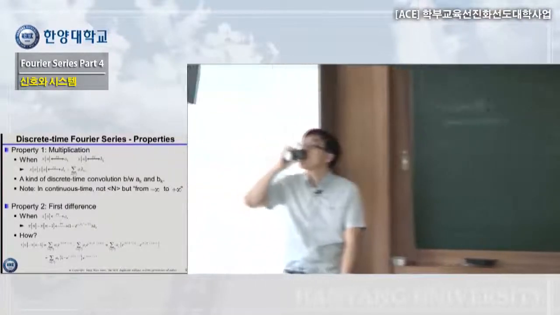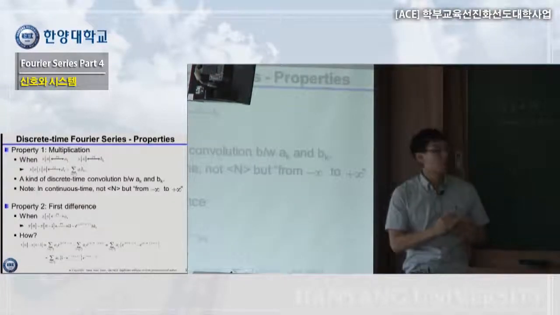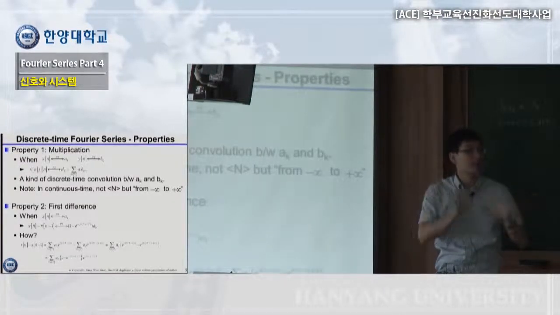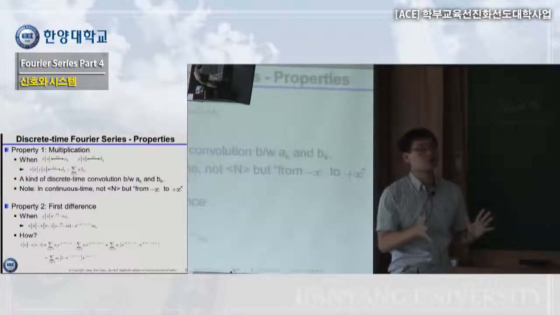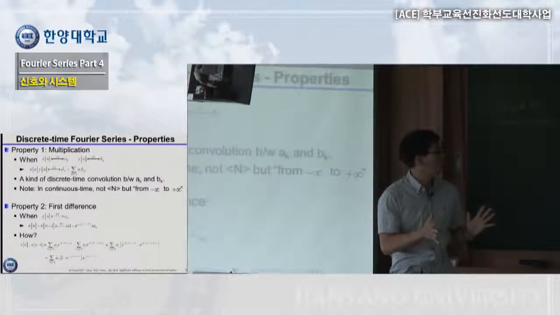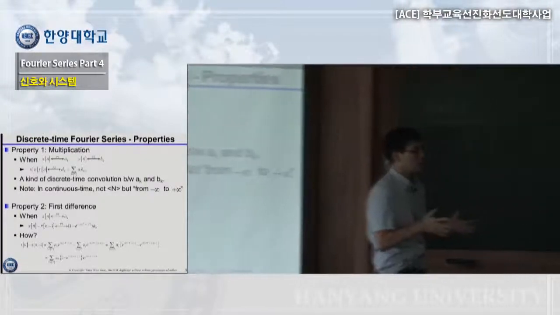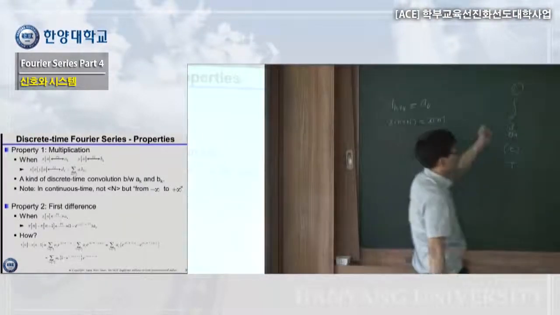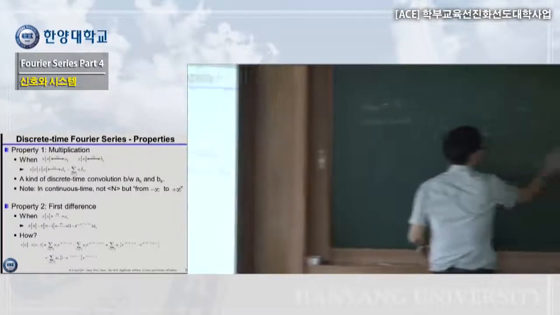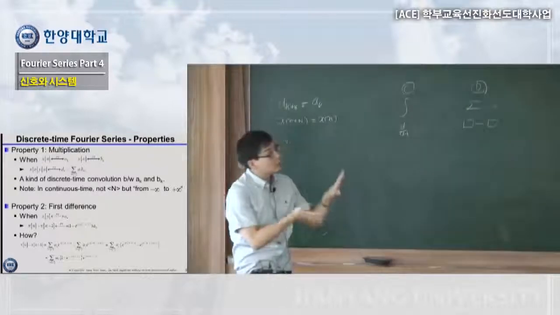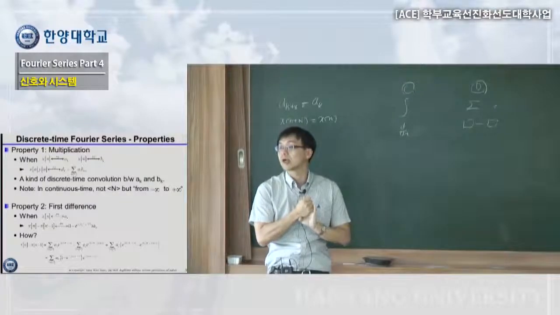Those properties like linearity and time shifting are very, very similar. The form is quite similar actually. But what would be the possible difference? Maybe the form may be different, integration, differentiation. So let's bring them up. The properties we are handling today are only 3 properties for discrete time.